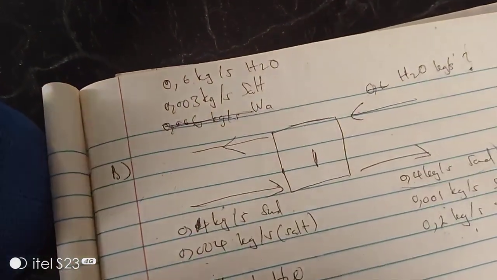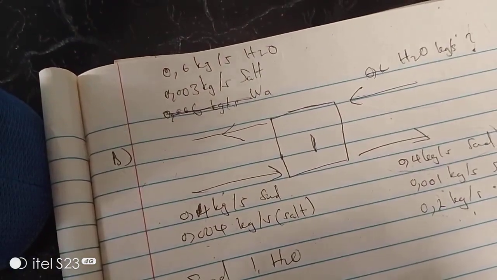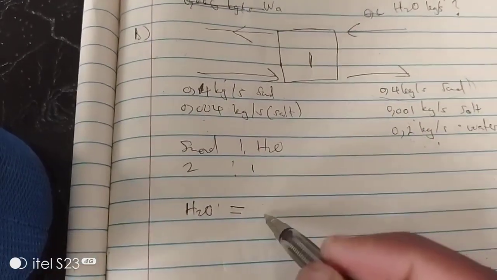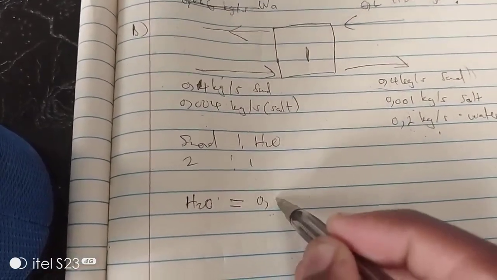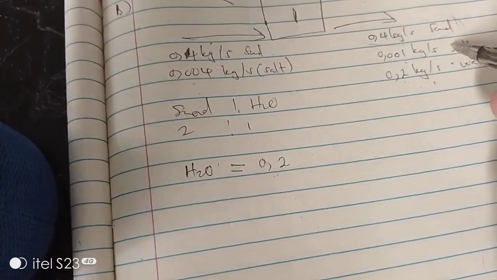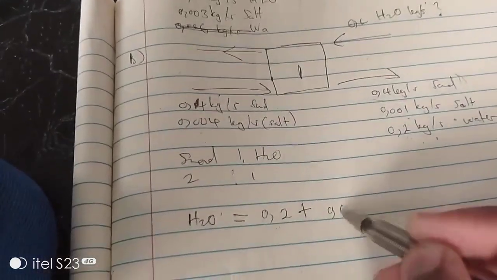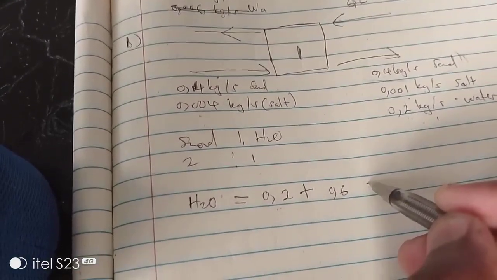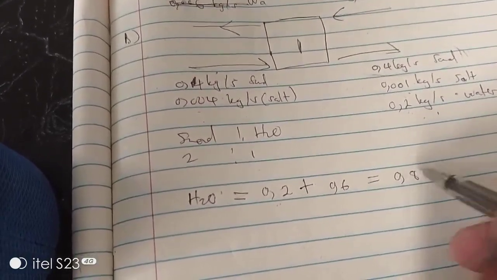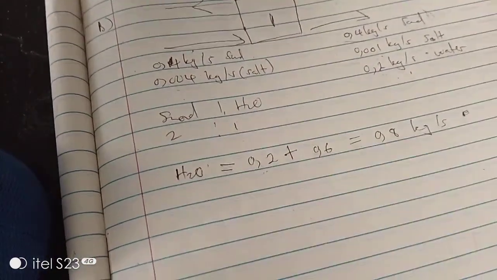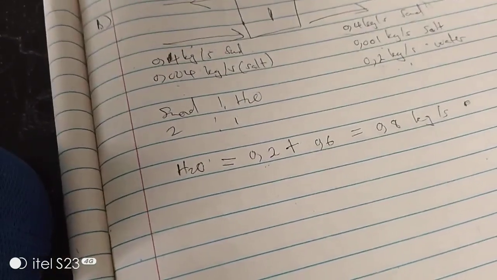So now H2O entering: we've got 0.2, which comes from the underflow, plus 0.6, and this is 0.8 kgs of water per second. So we've answered our question. Hopefully you like the answering technique. Thank you guys. Goodbye.